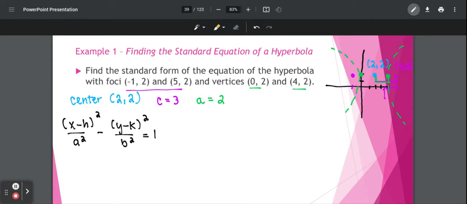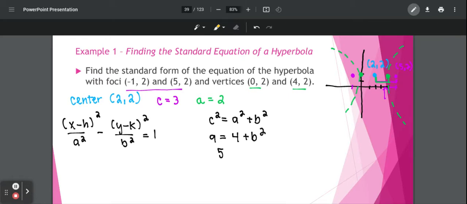So looking at our information that we've already pulled, we know our h and our k, that's from our center. We know a, but we need to find b to figure out what b squared is. So we're going to use the formula for the foci, that c squared equals a squared plus b squared, to help us solve for that b squared. So c squared is 9, a squared is 4, plus b squared.